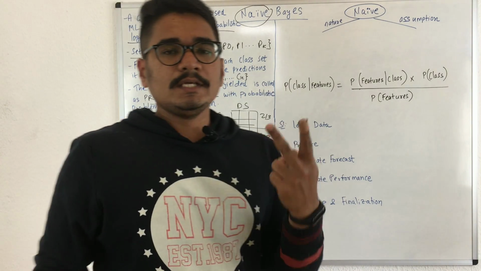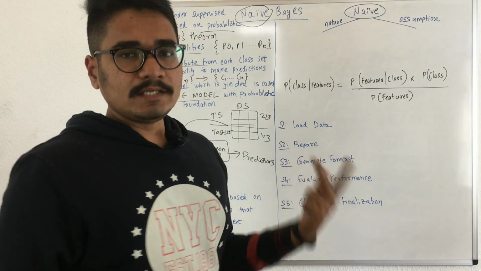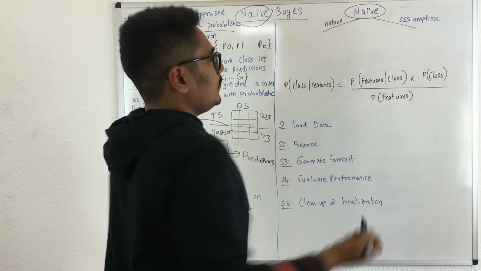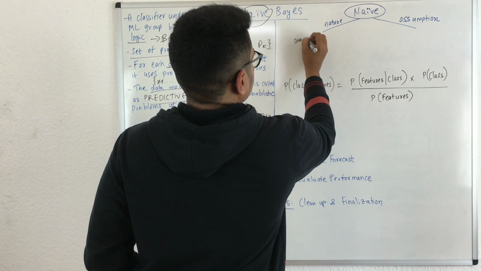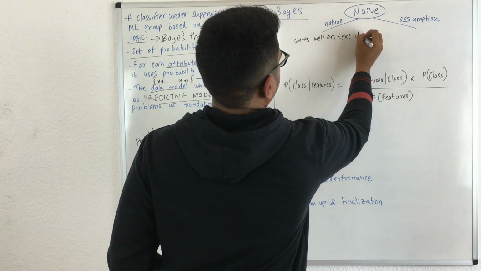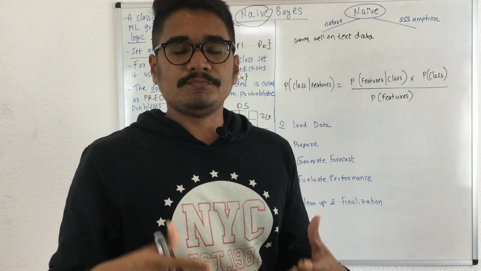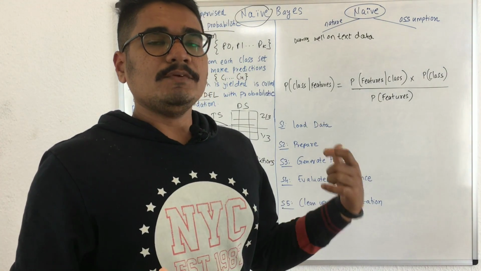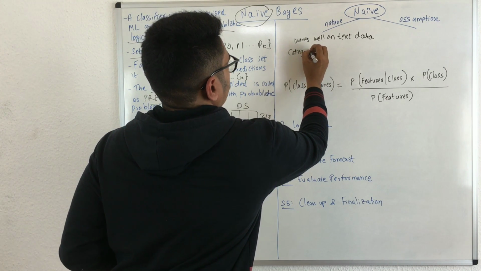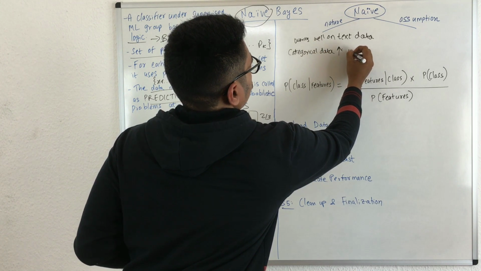So there are basically two things which make it naive. First is the nature and second is the assumption. Now let's see what nature it has. The nature is that it works well on text data, whatever text data, like a CSV file or XLS file, and it majorly emphasizes categorical data as compared to numeric data.